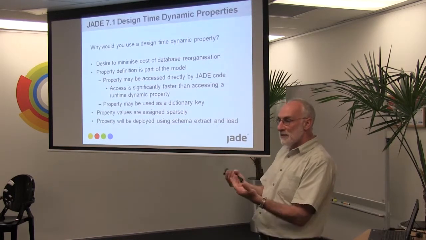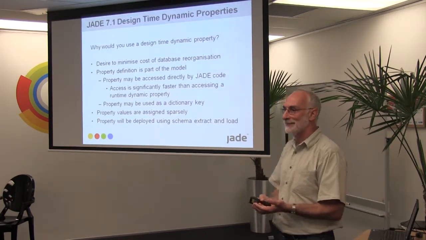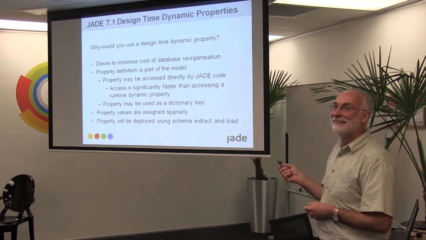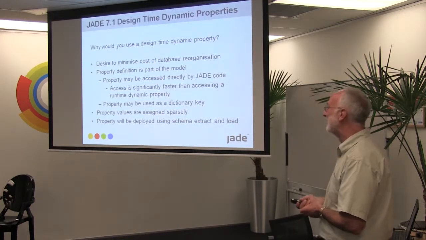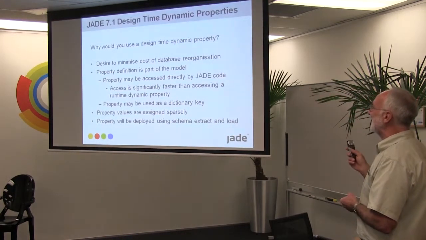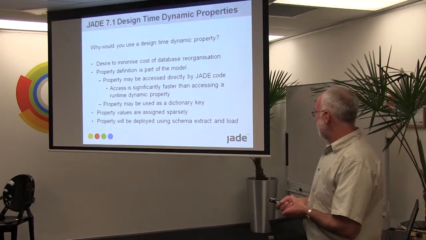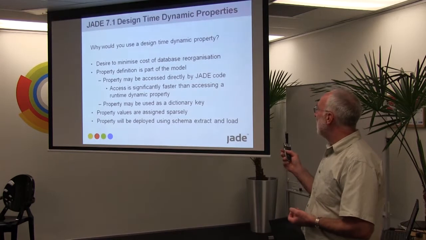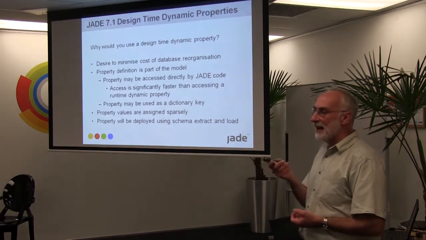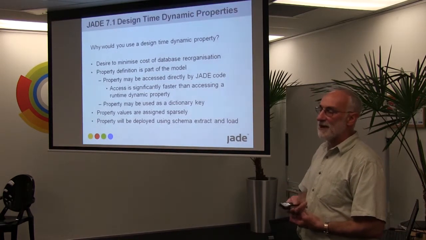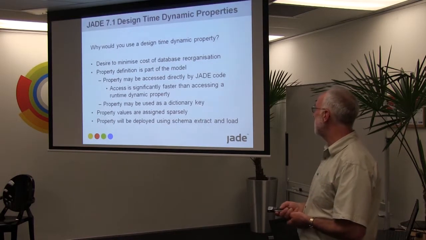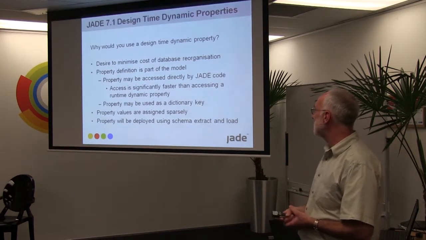It's going to be part of your model, and you're going to be writing code that's accessing it. Accessing a design time dynamic property directly, rather than with set property value and get property value, is about 10 times faster. So bear that in mind. And you maybe won't be using them as keys.